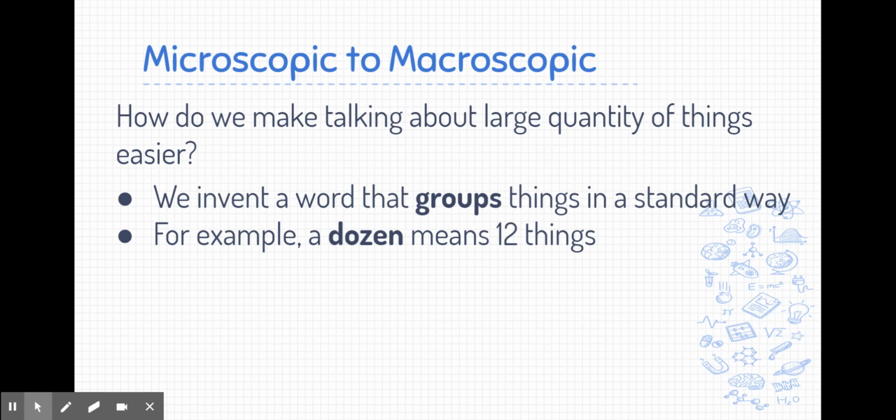And this word dozen groups things together in a standardized way so that when someone says a dozen to you, you know that they actually mean 12. So this is an everyday example of the way we use a grouping word to make things a little bit easier in the way we talk about items.